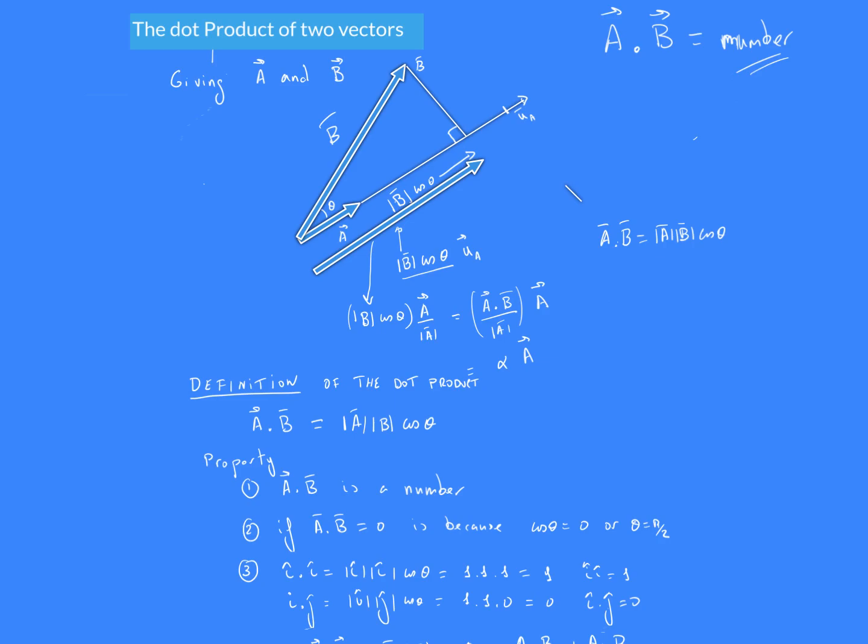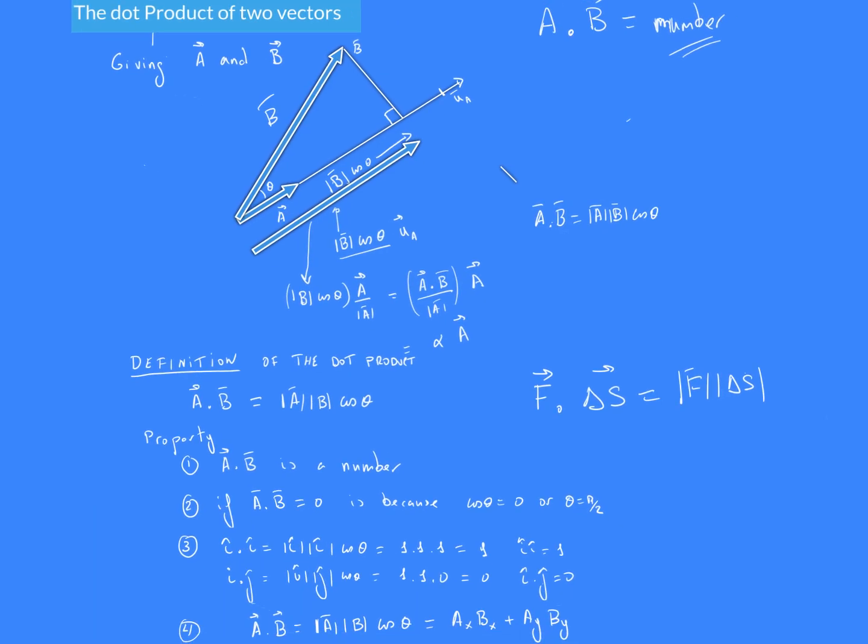This looks like the work. Let's say that the vector A is the force, and let's say that the vector V is the displacement. So the dot product is the magnitude of the force by the magnitude of the displacement by the cosine of theta. So this is the definition of work.